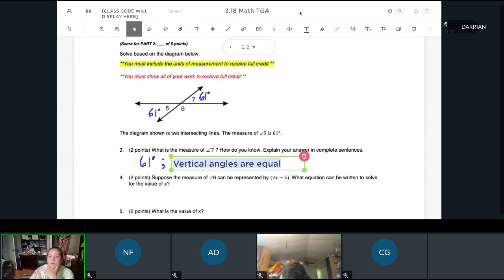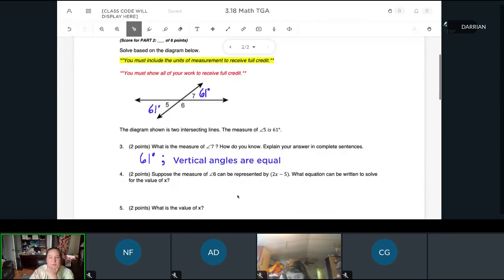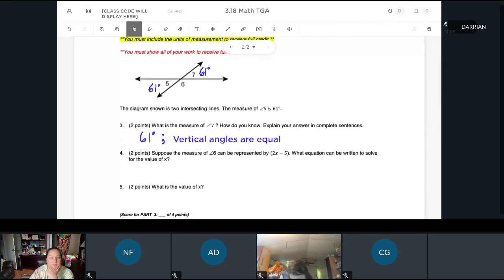Let me make that blue. And there you go. There is number 3. Charlie, you can use the text tool for something like that, not for explaining how you found an answer, if that makes sense.